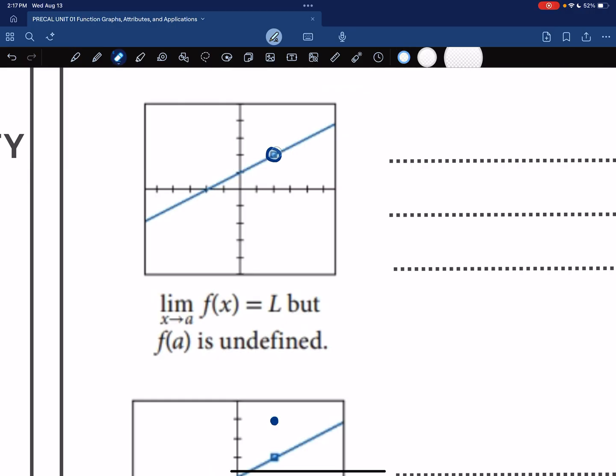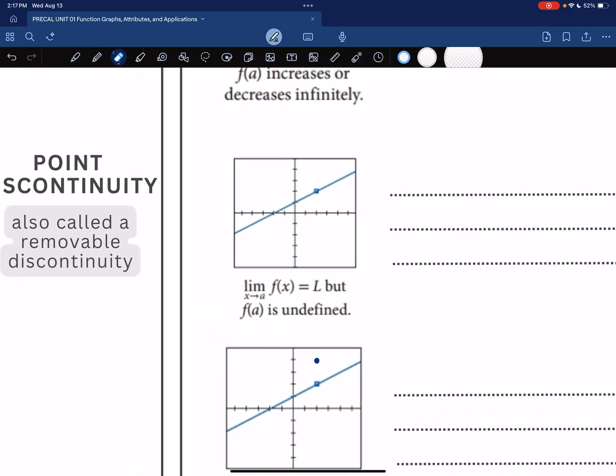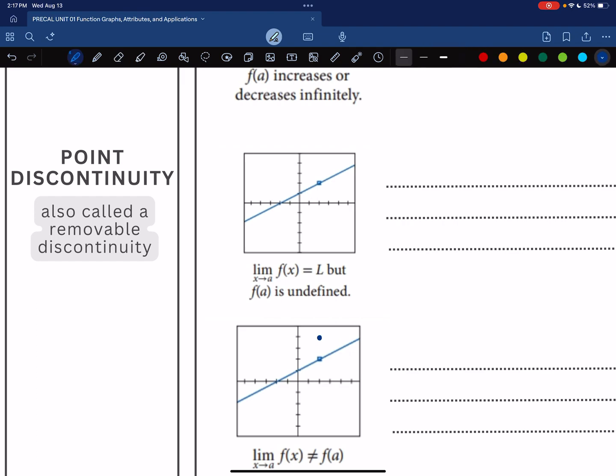Even though the limit coming from the left looks like 2, and the limit coming from the right is 2, the problem is that the function is not defined at that value. There's a hole in the graph.